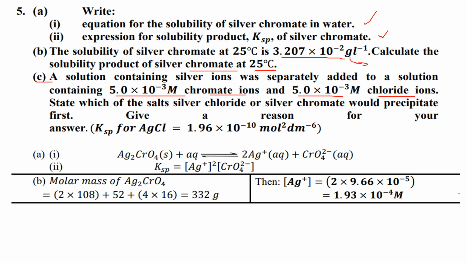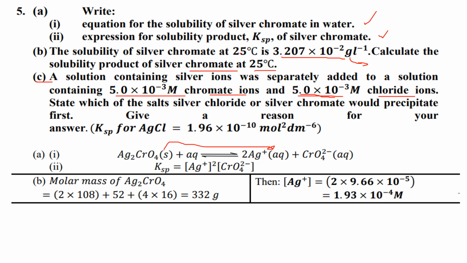Now for chloride ions, it's not the common ion effect, but the other aspect that we explained in the previous video, whereby the concentration of silver ions is going to be reduced, affecting the equilibrium. So more of the solid will dissolve to replace the removed silver ions. So we expect this to increase the solubility of silver chromate.